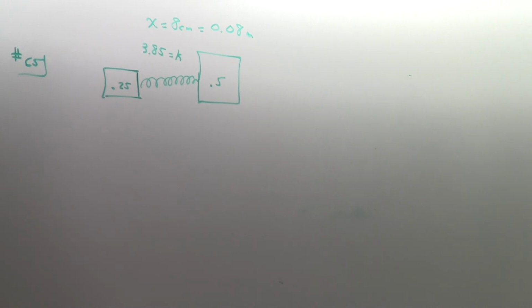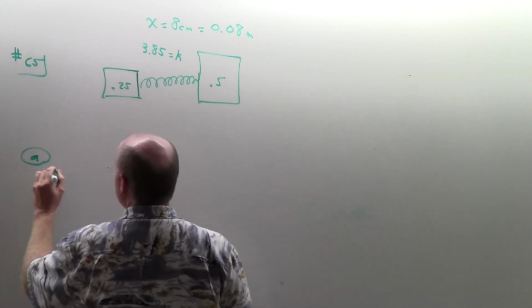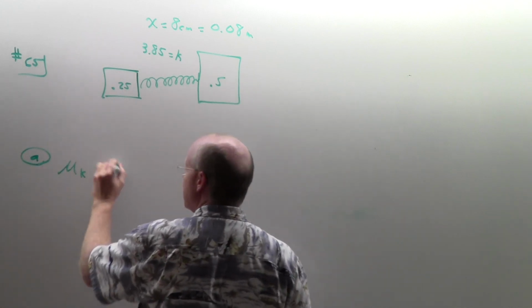Find the maximum speed of each block if the coefficient of friction between the surface is A, 0, B, 0.1, C, 0.462.